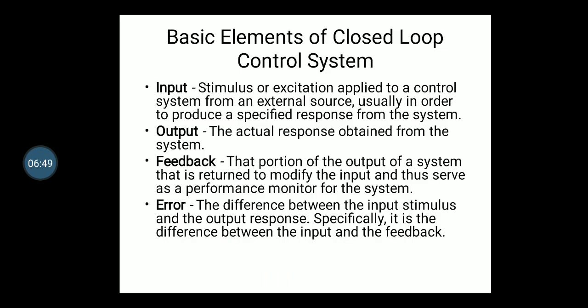So what are the basic elements of a closed loop control system? We can see the input first. What do we mean by input? Input is nothing but a stimulus or excitation signal applied to a control system from an external source, usually in order to produce a specific response from the system. Some words are a little bit difficult, but there is nothing to worry about.